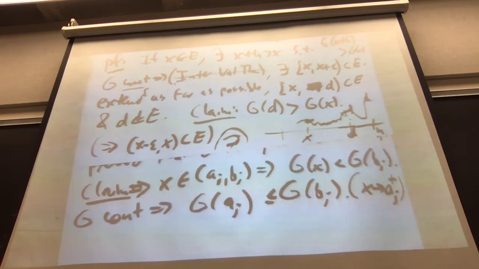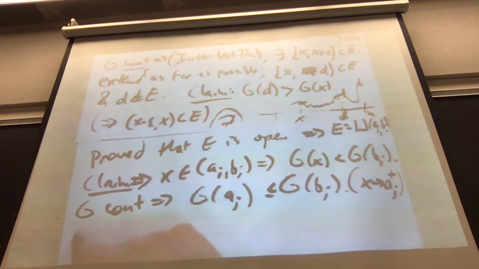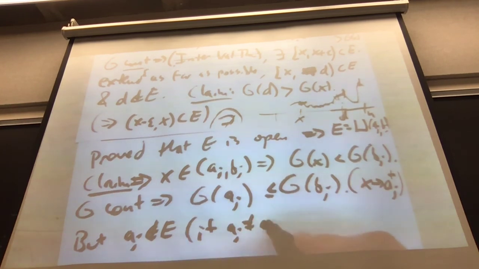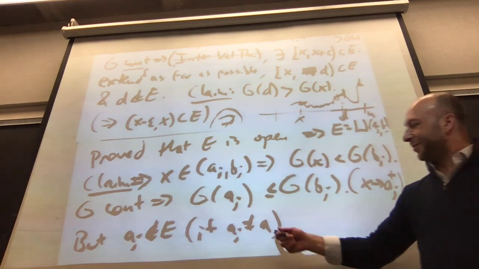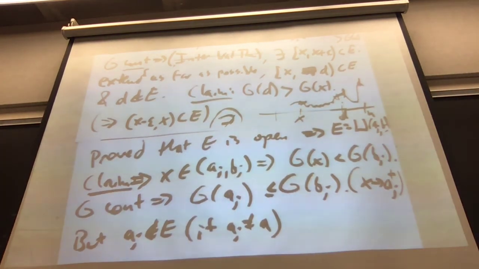Okay? But again, AJ is not itself in E. If we're not at that first endpoint, where we might be. Well, AJ still wouldn't be in E because we excluded it from E, yes. Never mind. But what I'm about to say won't be true if AJ is A. So what does that mean?